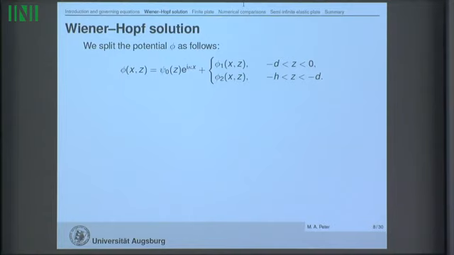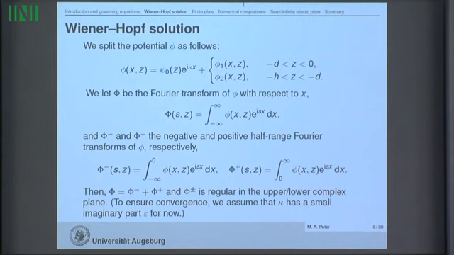And we have our propagating incident wave, which we take out. So phi 1 and phi 2 are the scattered waves above and below the line z equal minus d. Okay, and then we do what we've seen a lot of times during this conference. We take half-range Fourier transforms.